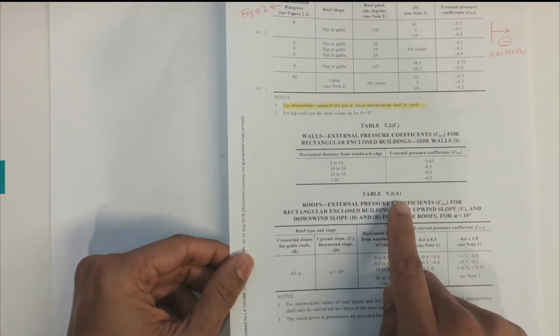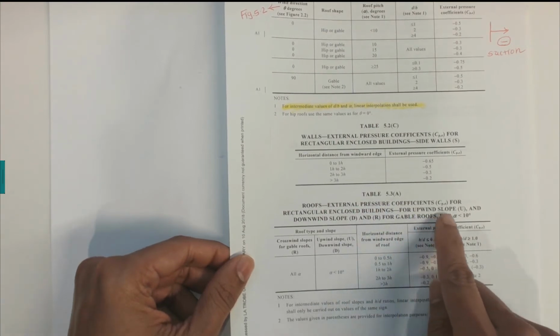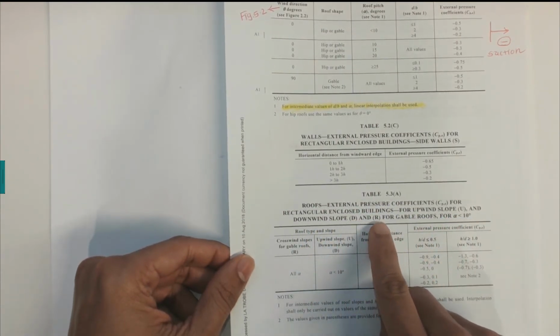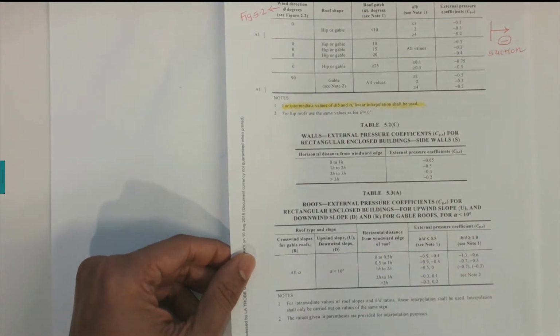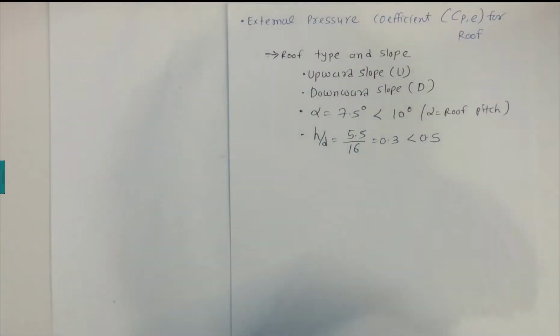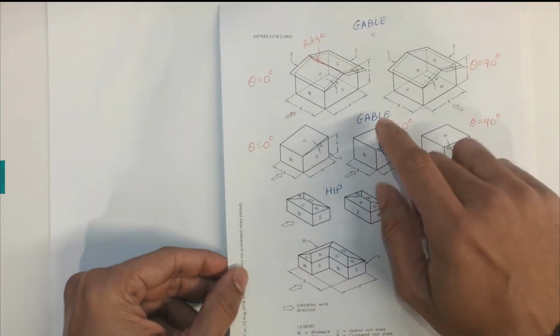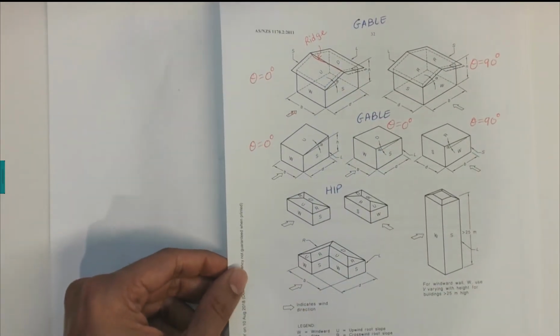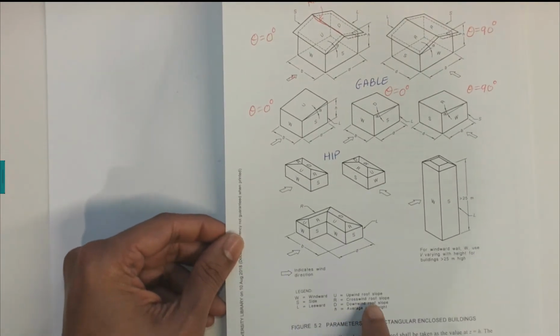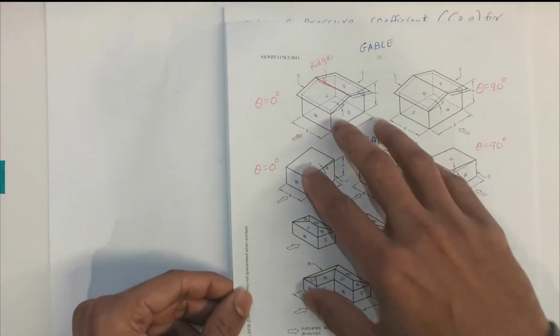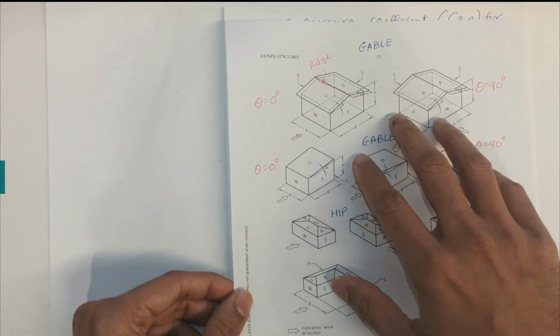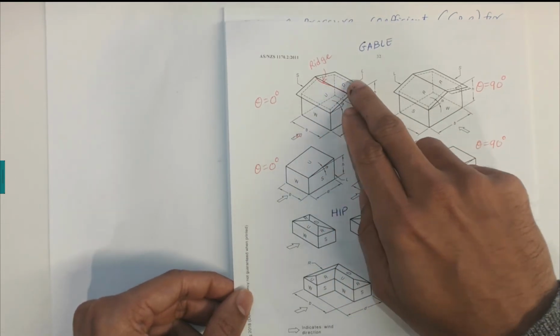So 5.3a can be used for the upward slope roof, the downward slope roof, and this R is the crosswind roof slope. The notation for those upwards, downwards, and the R is given here, and you can identify what kind of roof we are looking for. In our case we have an upward roof and a downward roof.